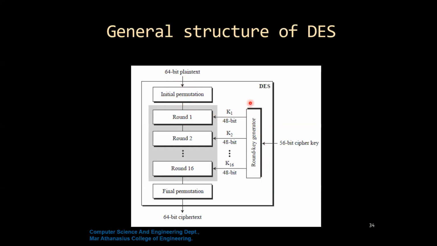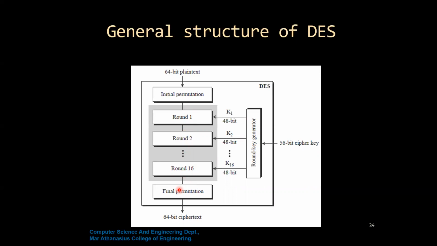To the subkey generation algorithm, we give the 56-bit key as input. From it, it provides the necessary subkeys for each round, and this is repeated 16 times, which means the subkey generation algorithm has to provide 16 subkeys. After the 16th round, we perform a final permutation, which is nothing but the inverse of the initial permutation.